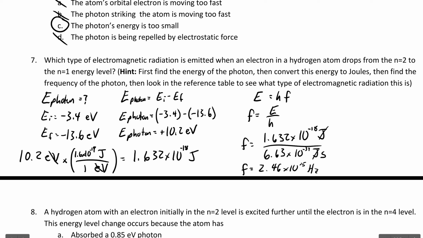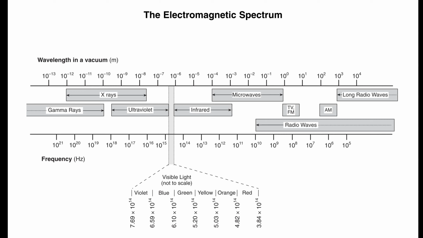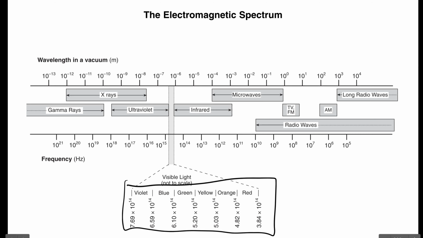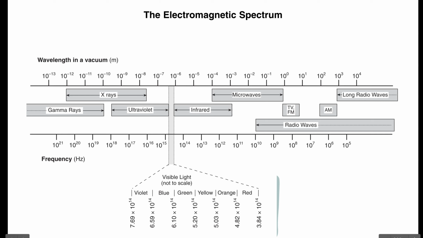So we're not done yet. We now know the frequency of that photon. Let's use the table to figure out where 2.46 times 10 to the 15 is. That's going to be in this range here. Notice that the visible light is all 10 to the 14, so we're above violet.